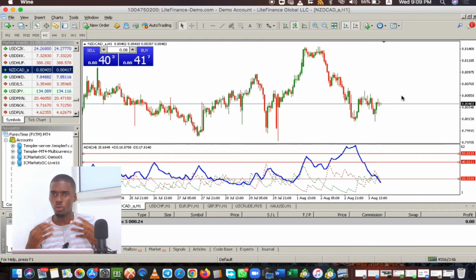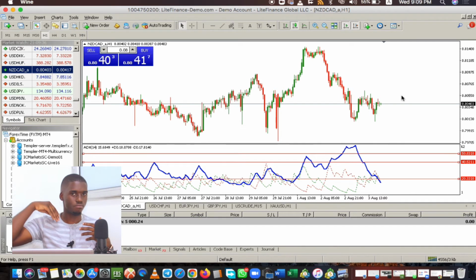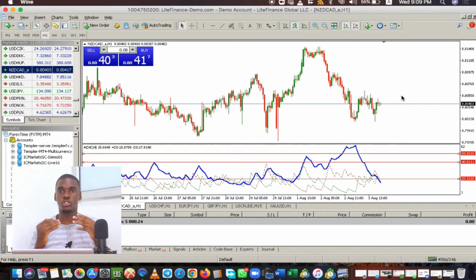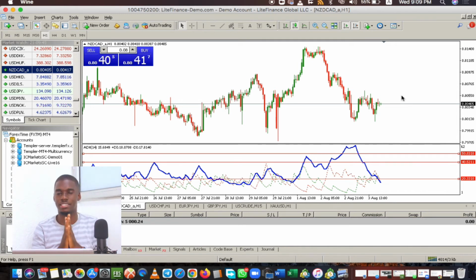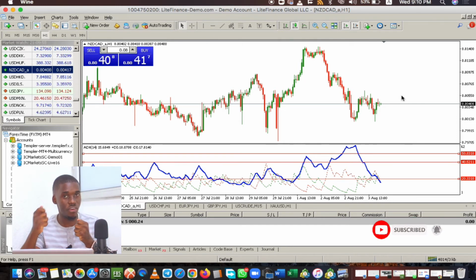It can go from 50 to 100, but usually it's very hard for it to exceed 100. So the moment it goes past 40, it signifies that the trend is very, very strong, whether upwards or downwards.